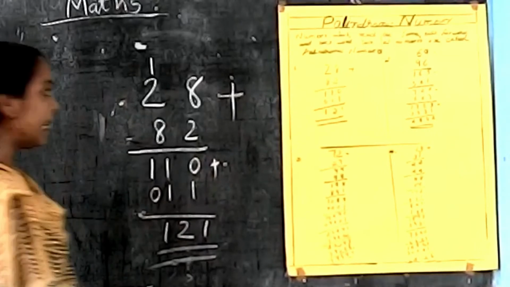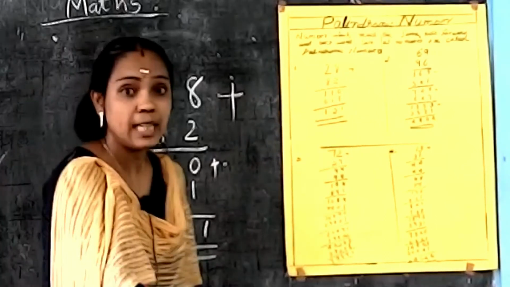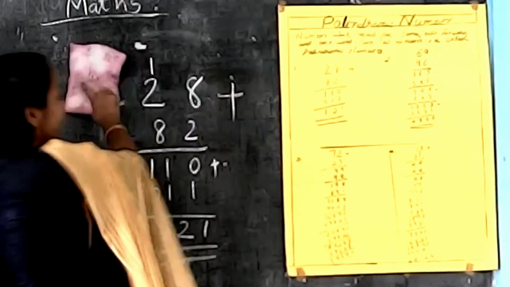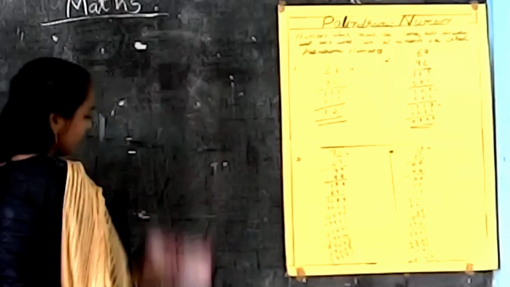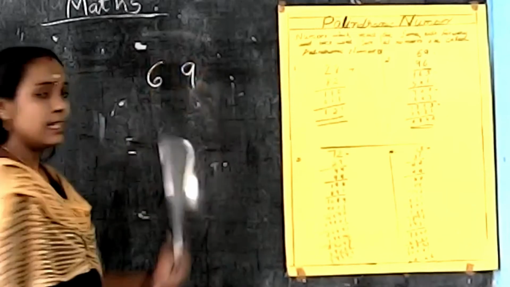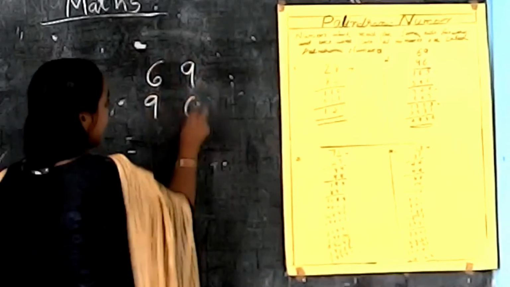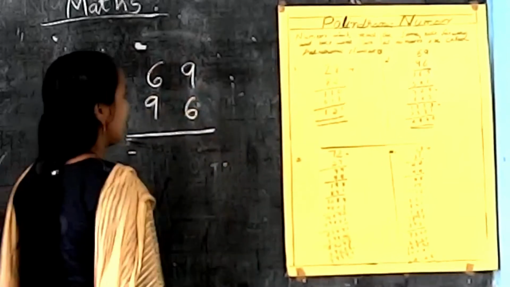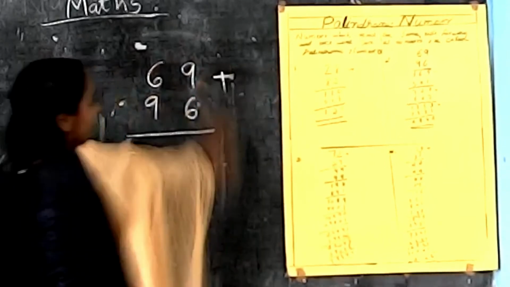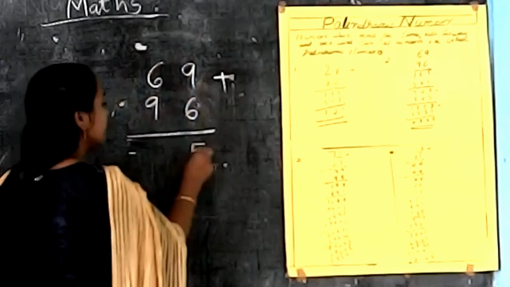Next, another number, 69. Just reverse it. What is the answer? 96. How do we add? 9 plus 6, 15.